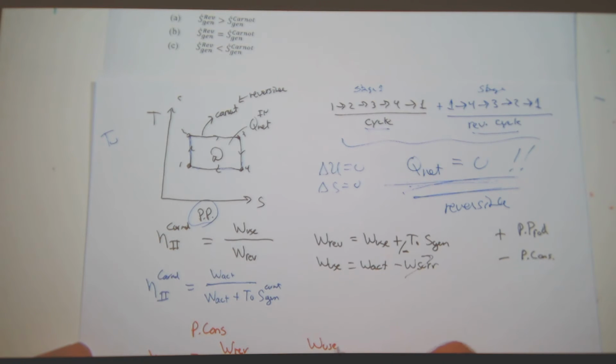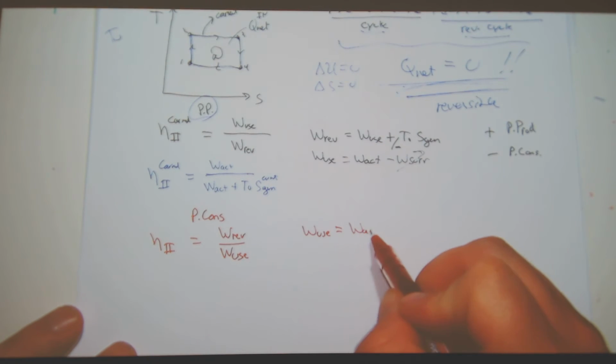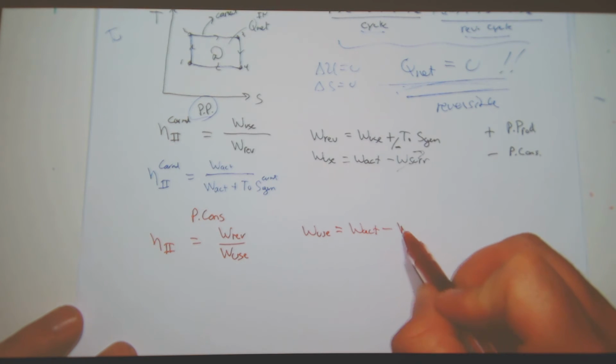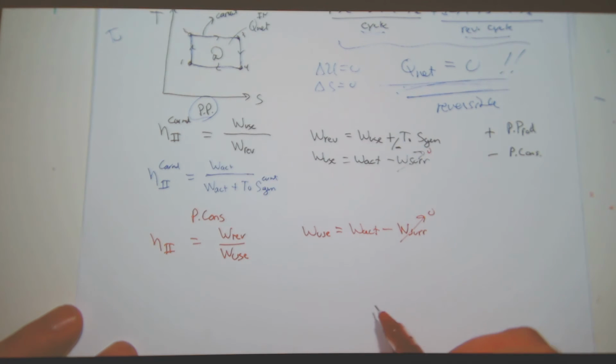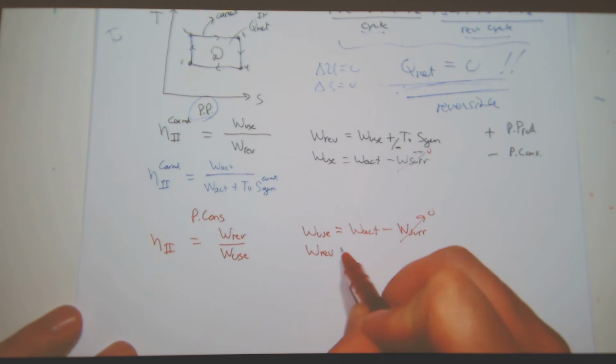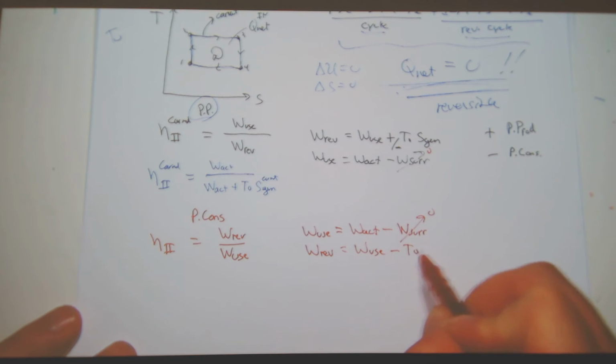Again, work useful is equal to work actual minus work surroundings. Again, this is 0. And my work reversible is equal to my work useful minus T naught S gen.